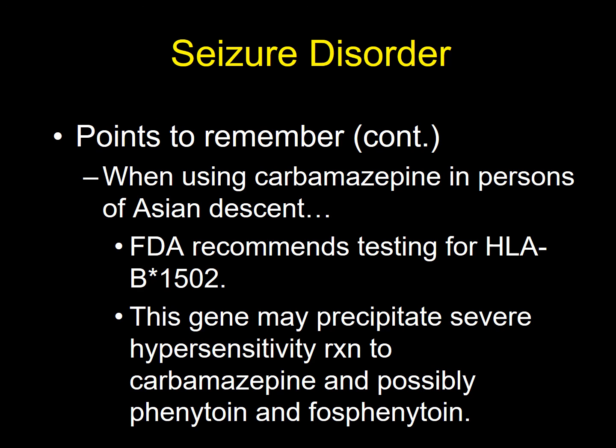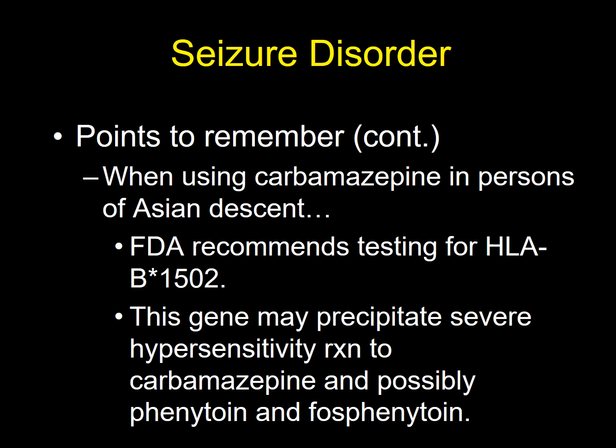There's another thing to be watchful for, again, carbamazepine. In addition to causing autoinduction of its own metabolism, carbamazepine apparently seems to be a trigger for certain people at high risk for something called toxic epidermal necrolysis. So there is a warning on this drug, especially for persons of Asian descent, because patients of Asian descent are at a higher risk for having a particular antigen.